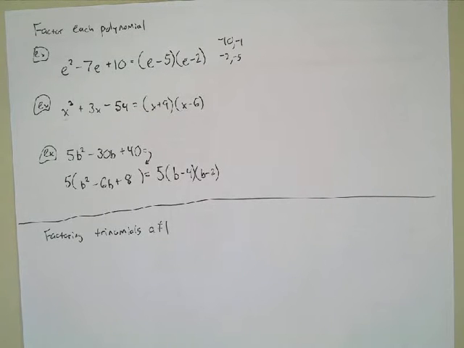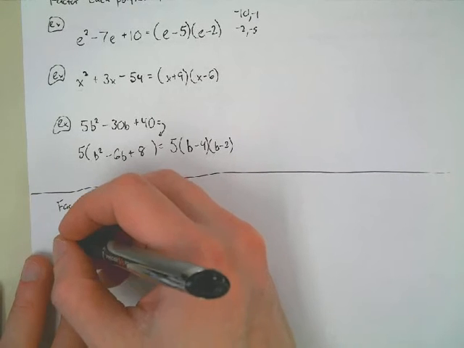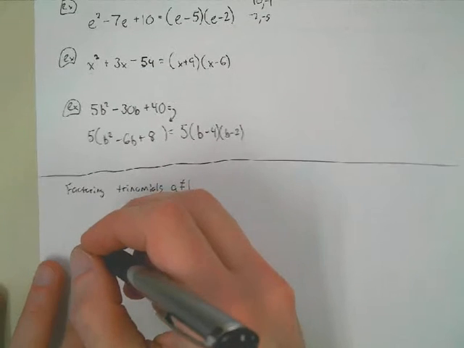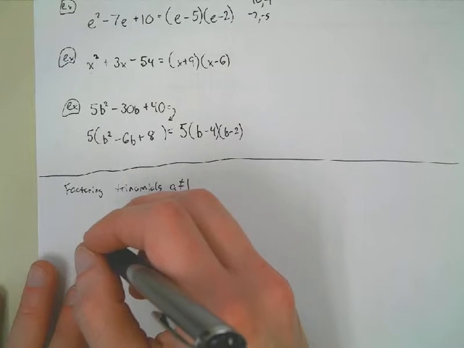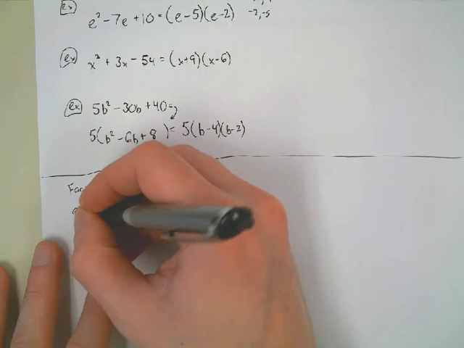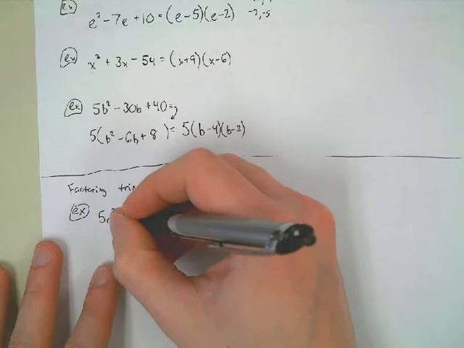Alright, let's do something like, oof. Sorry, I'm just thinking here. Okay, I got one. 5n squared minus 9n minus 2.